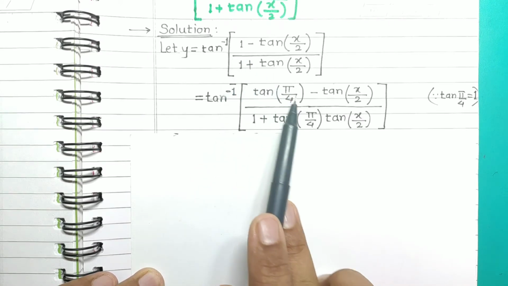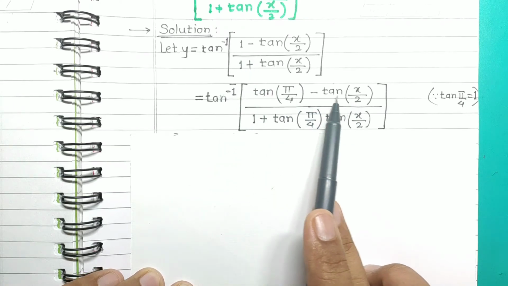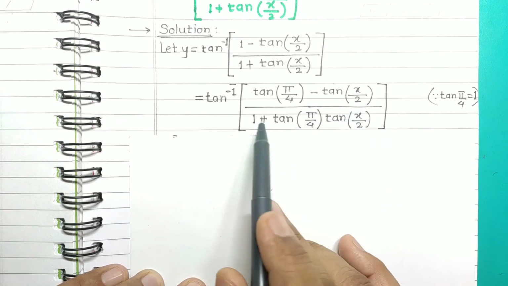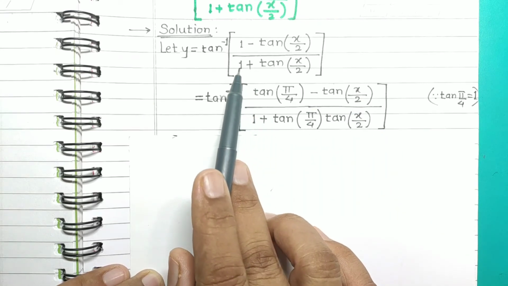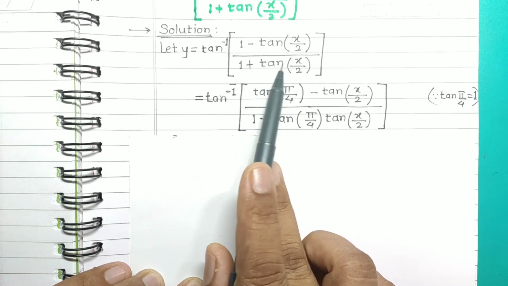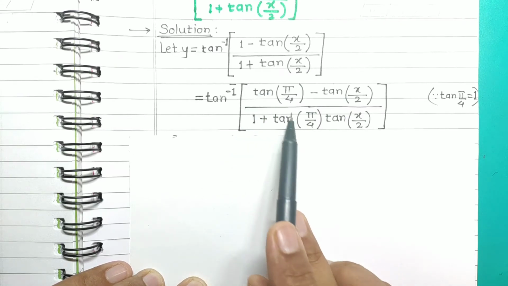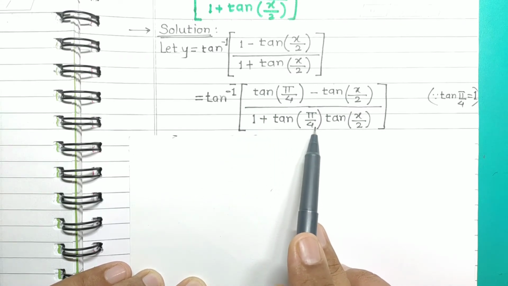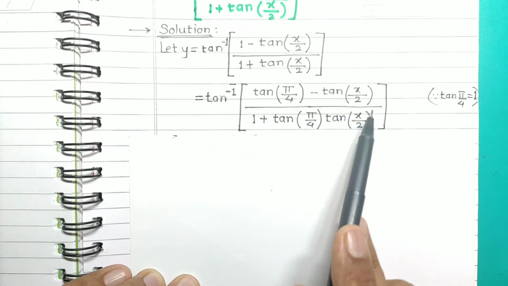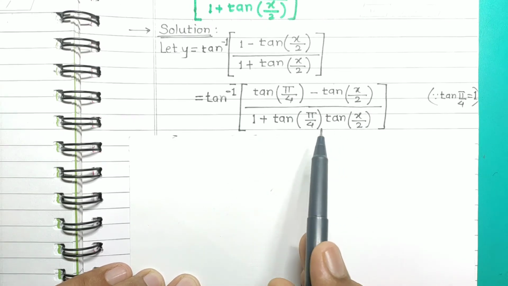By replacing it, we get tan pi by 4 minus tan x by 2 in the numerator, and in the denominator you note properly, I have not replaced this 1, I have replaced the 1 which is multiplied to this tan term, this invisible 1, by tan of pi by 4, and by this replacement you can find a related trigonometric formula.